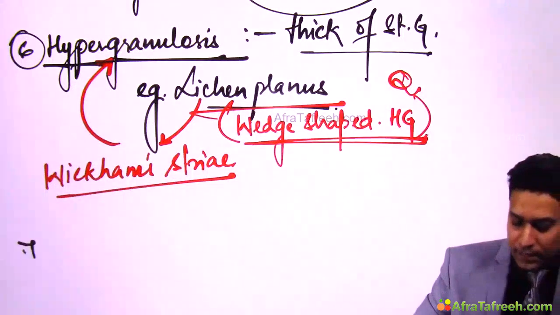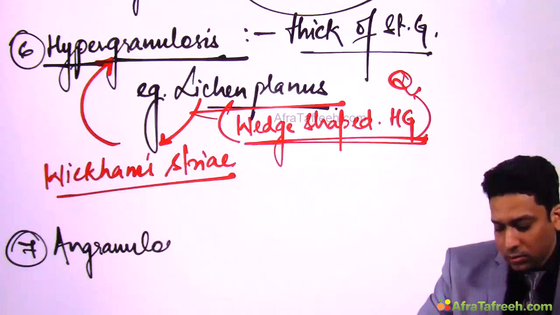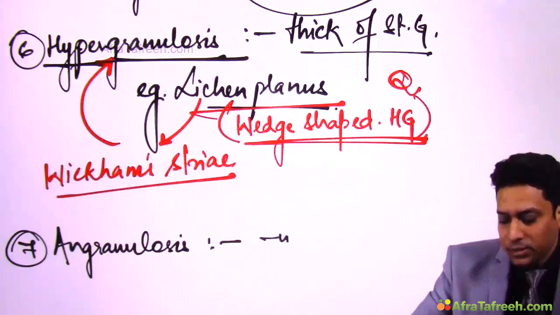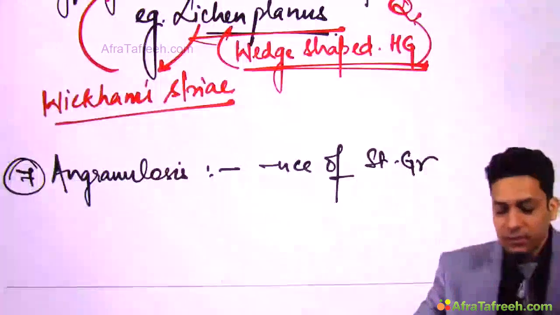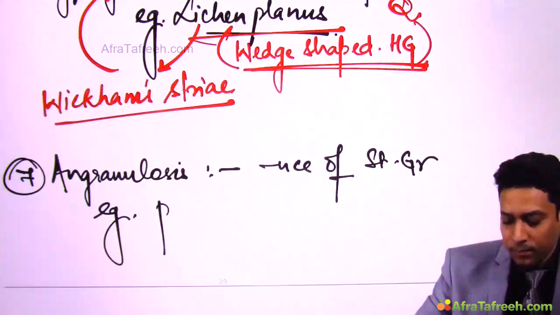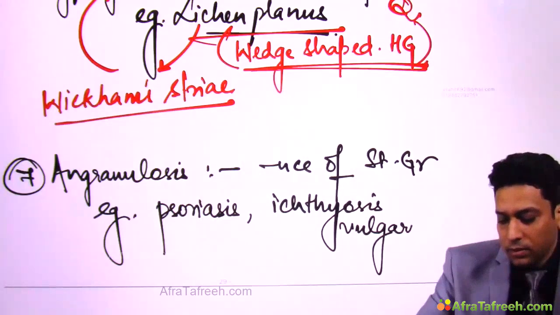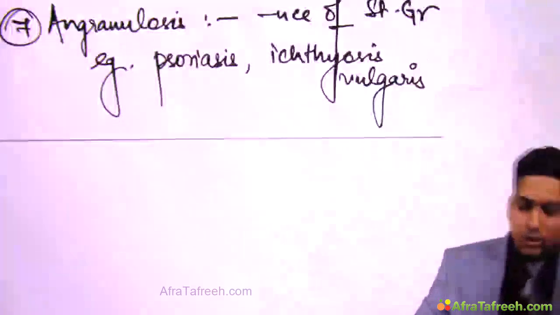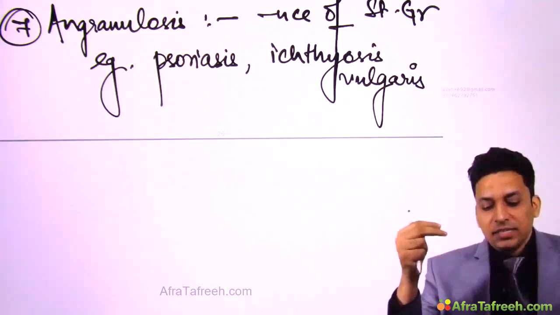Similarly, next is angranulosis. Angranulosis is absence of stratum granulosum. So in certain conditions you will find absence of stratum granulosum, and this is usually seen in psoriasis and ichthyosis vulgaris.